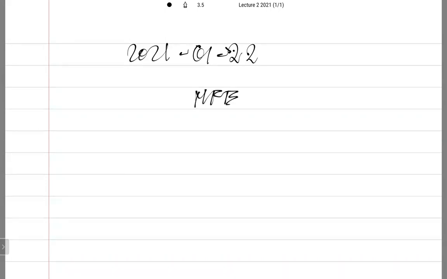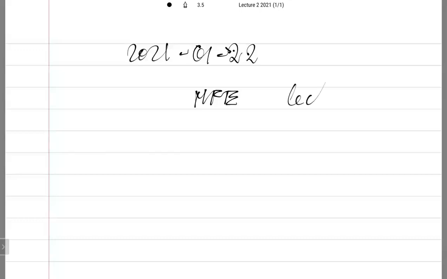So I apologize for the dirty writing because I have a lot of junk letters. I don't understand why. My knowledge of physics probably is not so good. Maybe I should change the stylus, but I don't know yet.